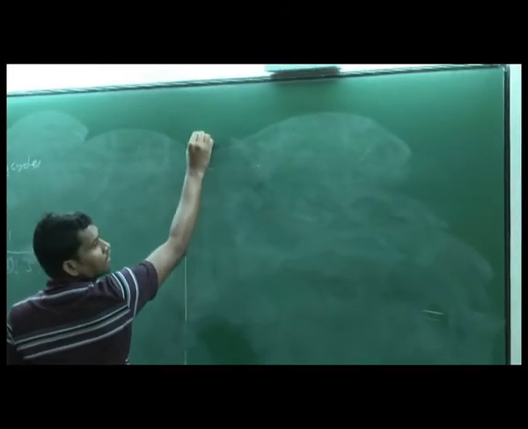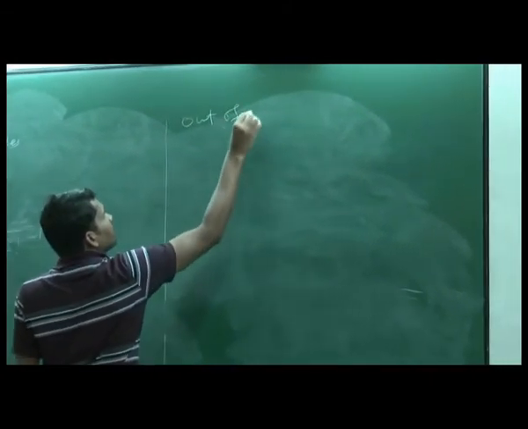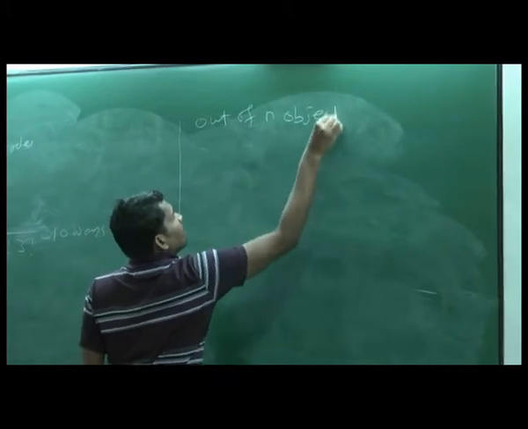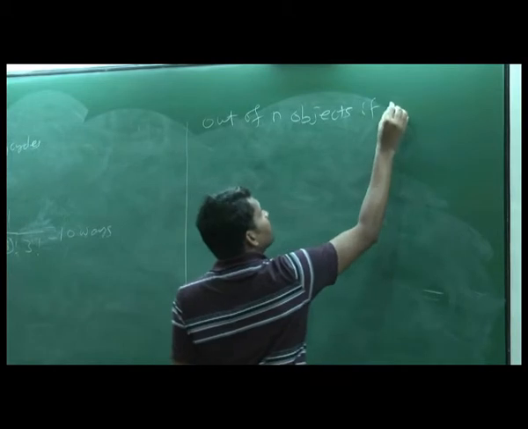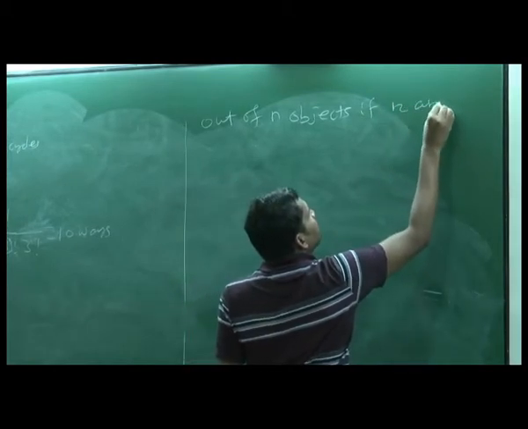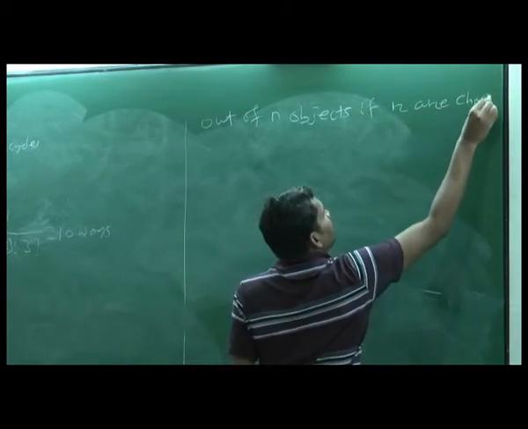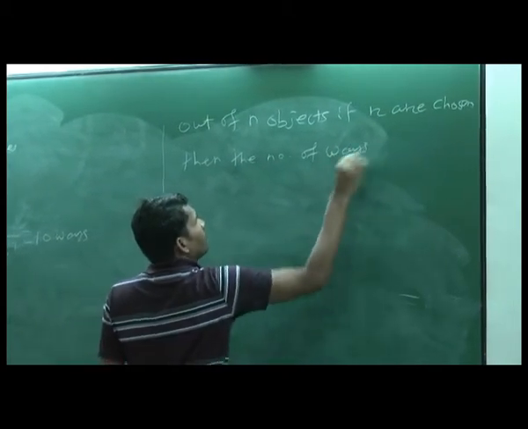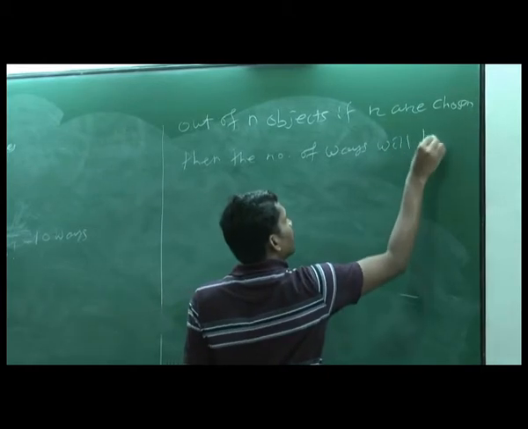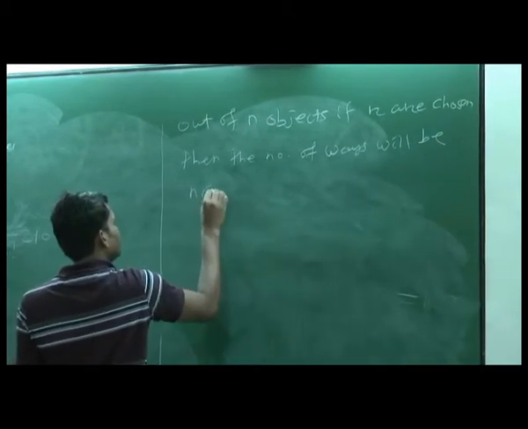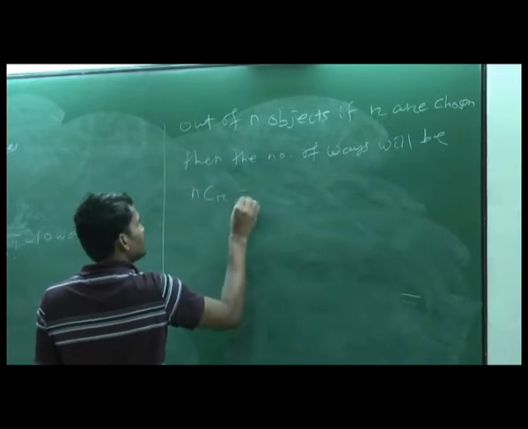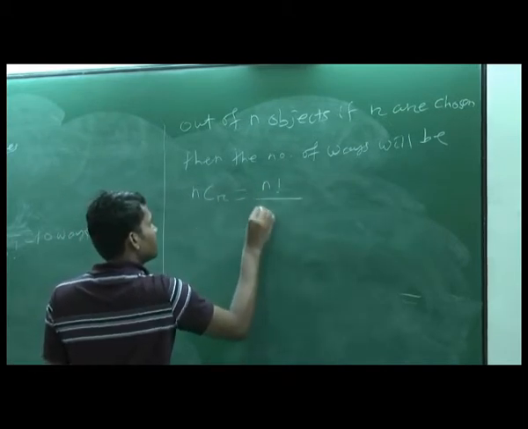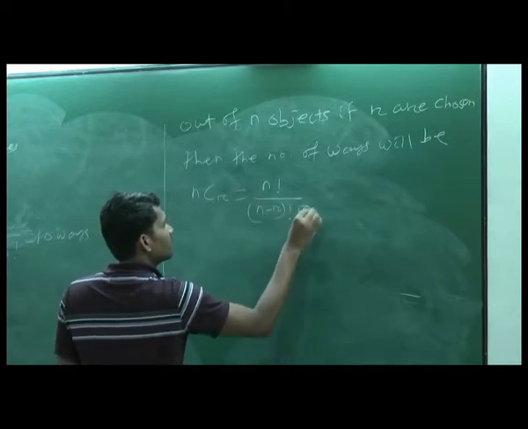So one statement we can write: out of n objects, if r are chosen, then the number of ways will be nCr, that is equal to n factorial divided by n minus r factorial into r factorial.